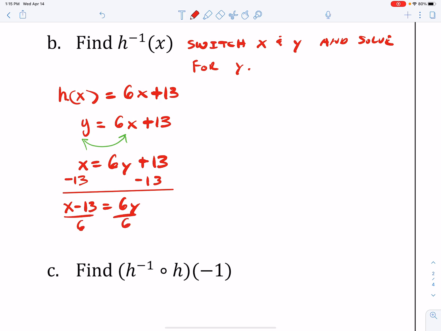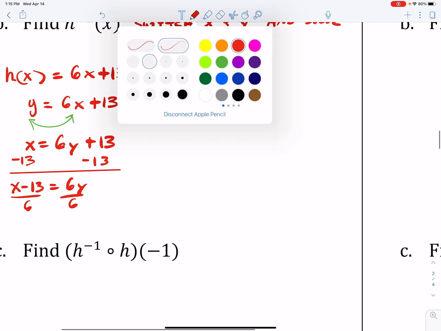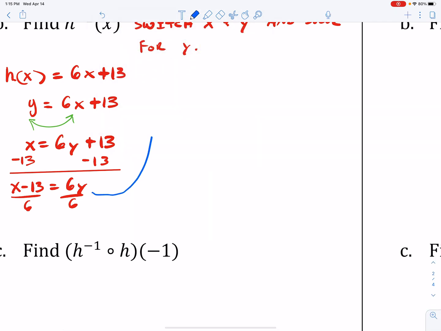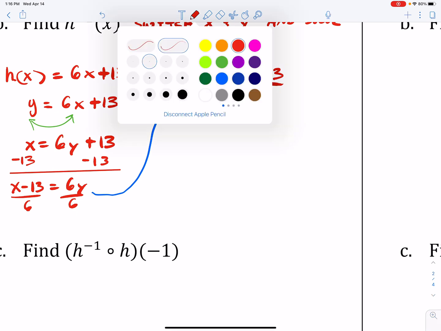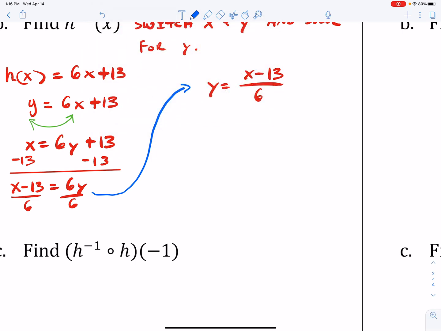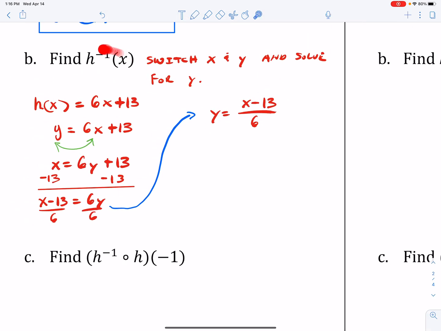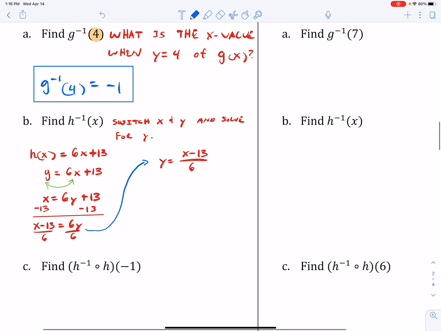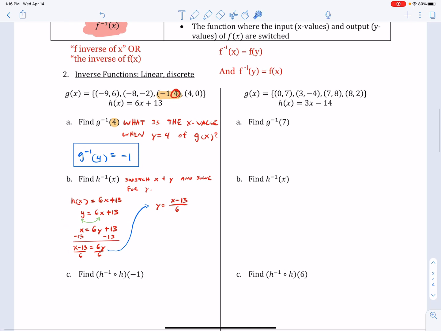Divide by 6. So what we get is, I'm going to draw an arrow here on where this is going because I need more room. We're going to get y equals x minus 13 all over 6. Well, the great news is that I needed to find the inverse or the switching of this. If this is x, then I need to find y. Okay? If you're confused where I'm getting that whole statement from, you have to go back up here.